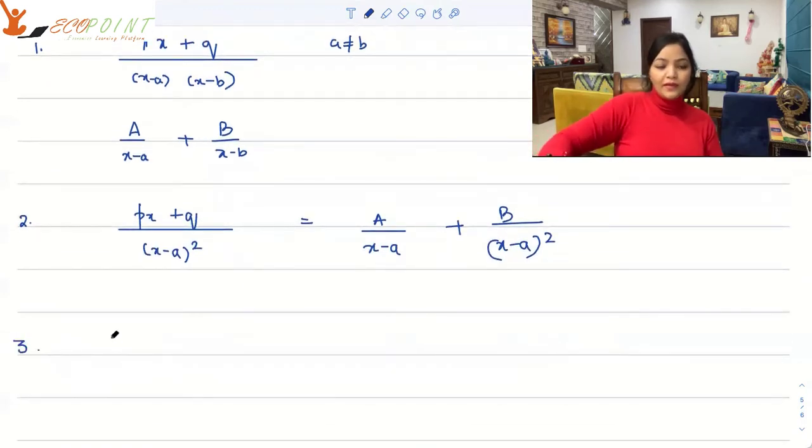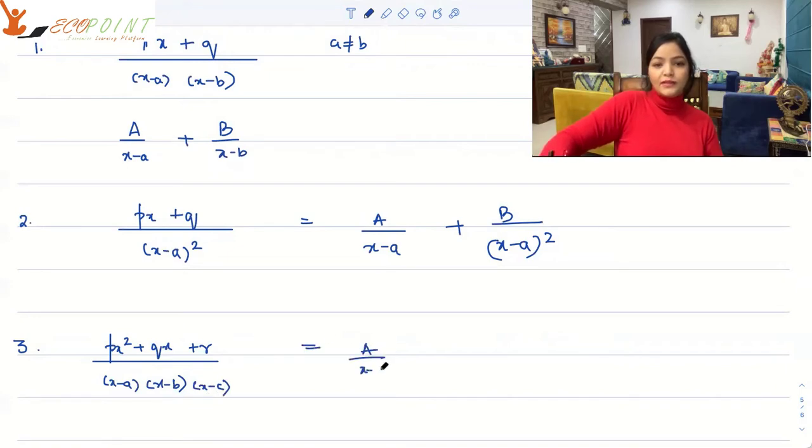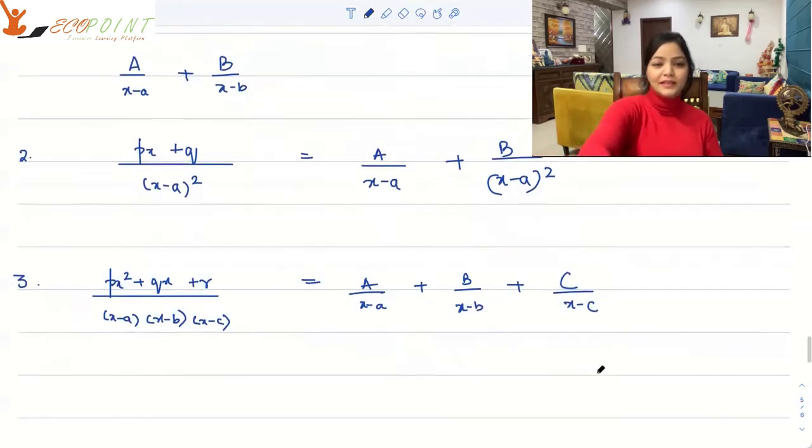Suppose you have (px squared + qx + r) upon (x minus a) into (x minus b) into (x minus c), that is equal to A upon (x minus a) plus B upon (x minus b) plus C upon (x minus c).